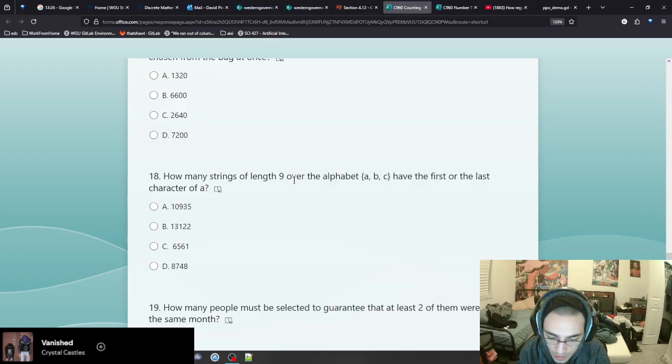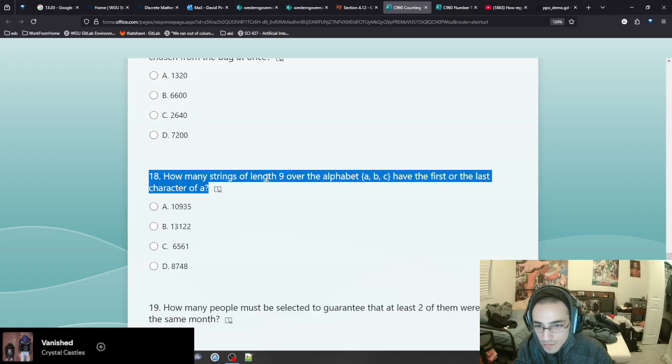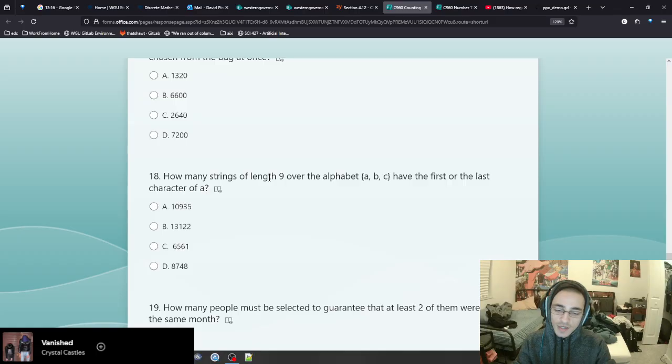Okay, so this string plus this string is 6. That's wrong. Wait a second. What am I doing? It's 3 to the power of 8, because there's 3 possibilities. Okay, no, it's not. Okay, guys, I have made an error. What is this?